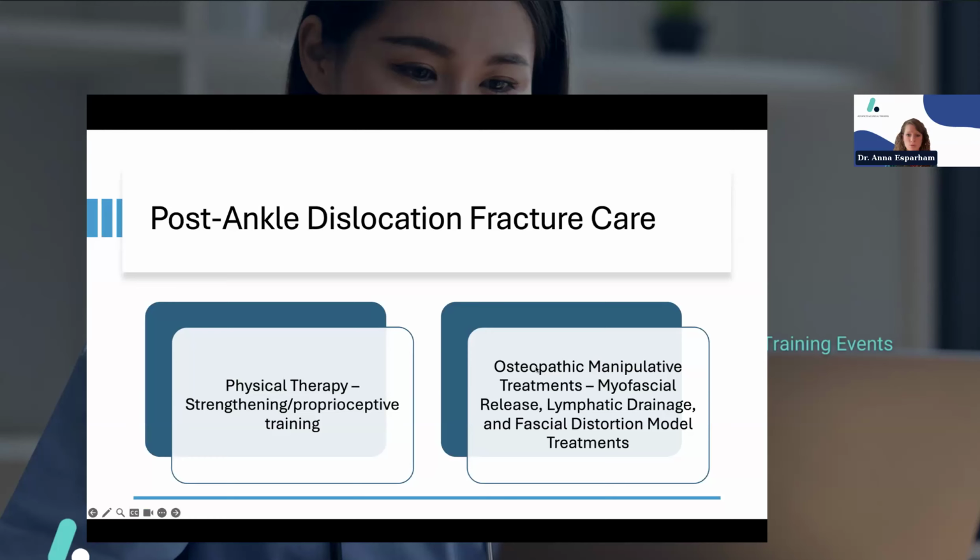And then also making sure the tissues and the alignment, the muscles, joints, nerves, everything surrounding that ankle joint and above is balanced and aligned, as well as any fascial disruptions are taken care of. And that's through osteopathic manipulative medicine treatments.